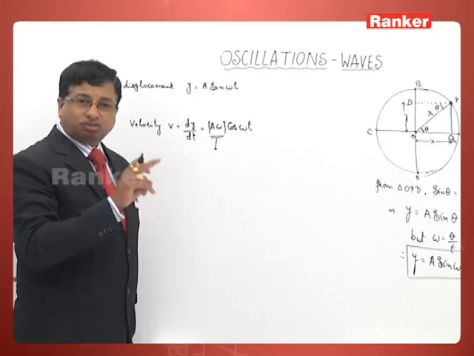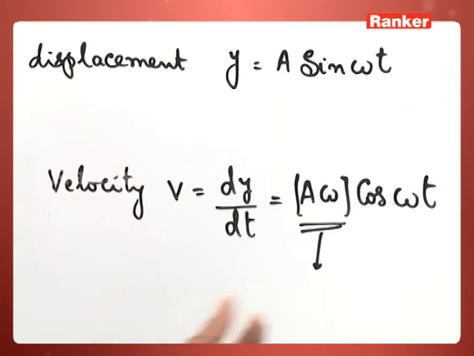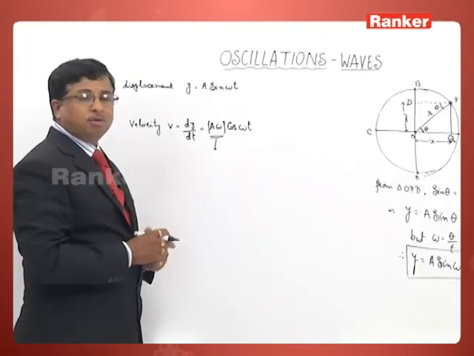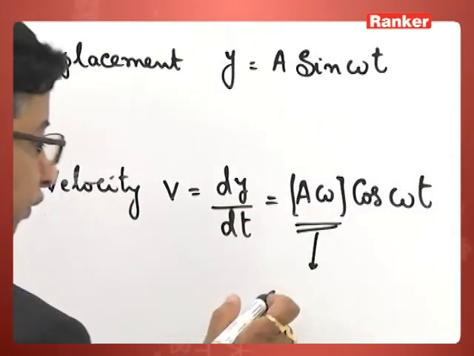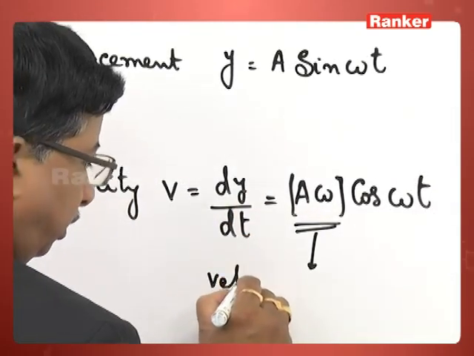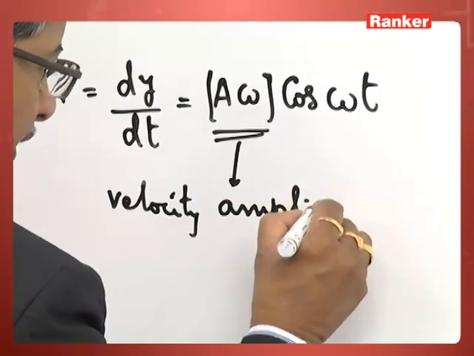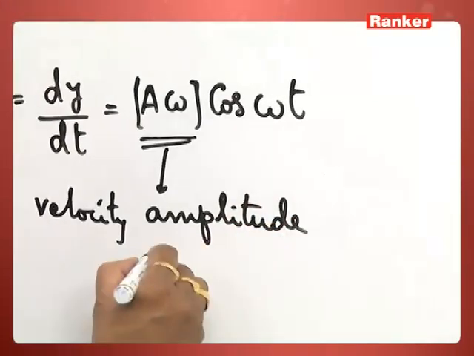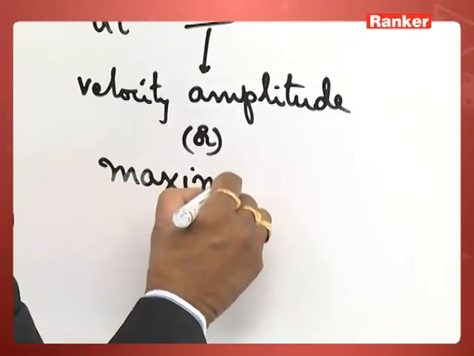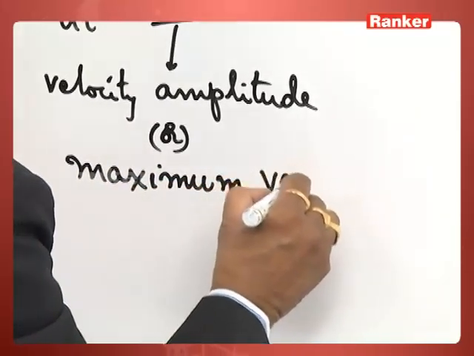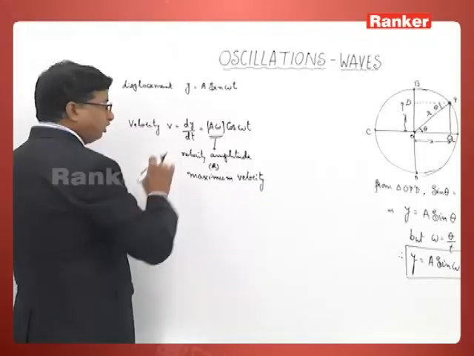The cos function's maximum value is 1. When cos omega t becomes 1, this itself is going to be the maximum possible velocity of the particle. Therefore, we can write this a omega either as velocity amplitude, or you can even call it maximum velocity.